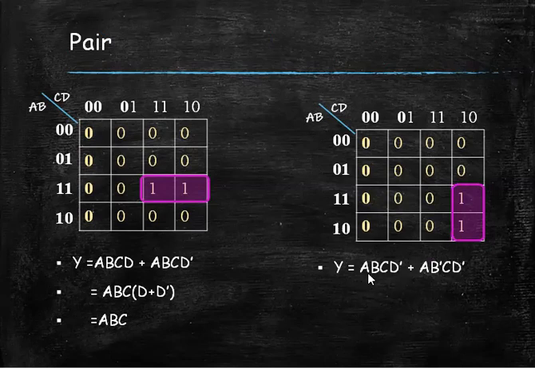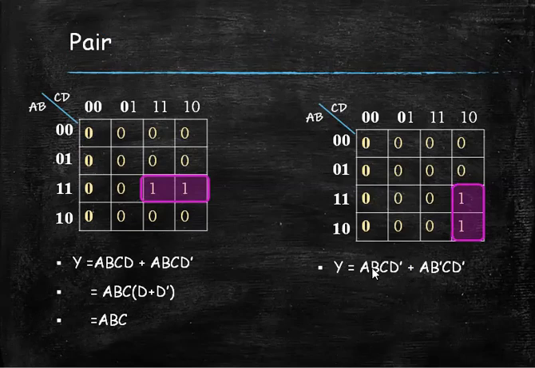Compare the two terms. A is not changing, B to B bar is complemented, C is not changing, and D bar is not changing. Then B is changed. What will be the final result? The final result must be A C D bar. Why?